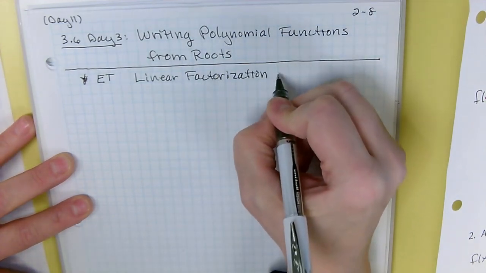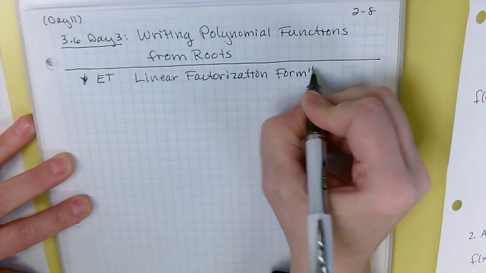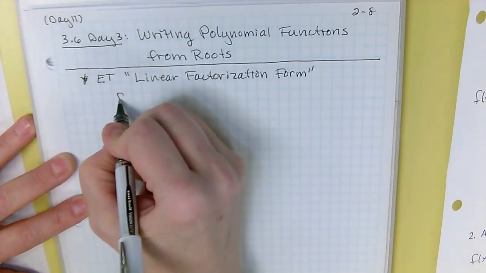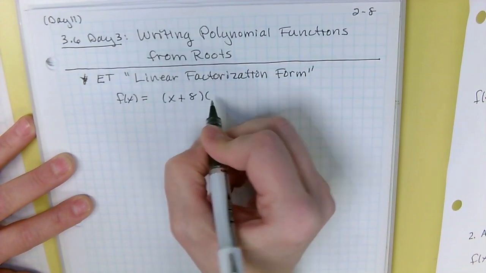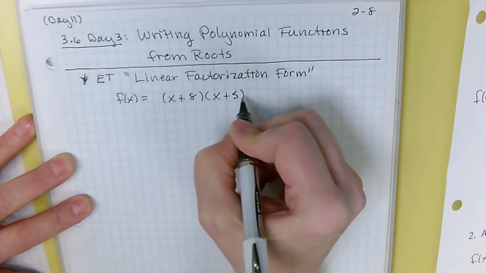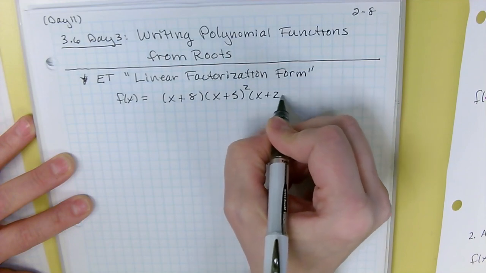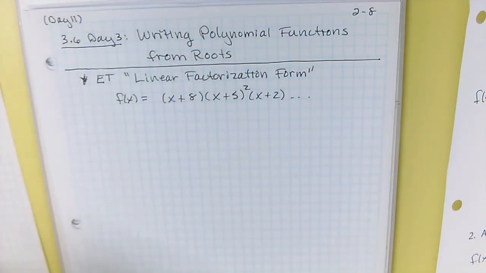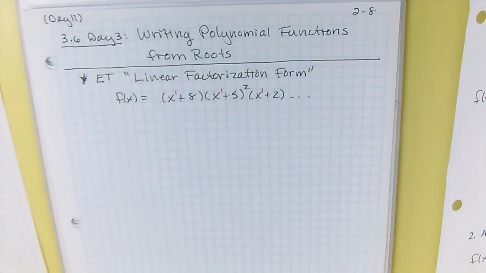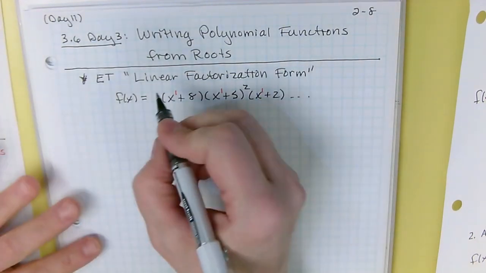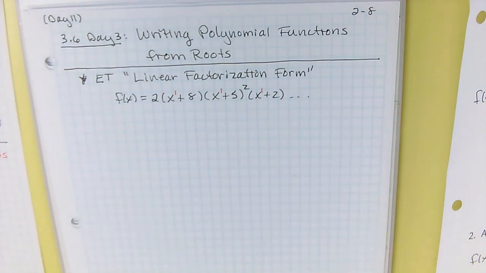So when it asks you for a linear factorization, it means that you're going to be using x to the power of 1 for all of your factors. I'm not going to write all of these from the entry task, but linear means these are all x to the power of 1. And then, of course, we had a leading coefficient.